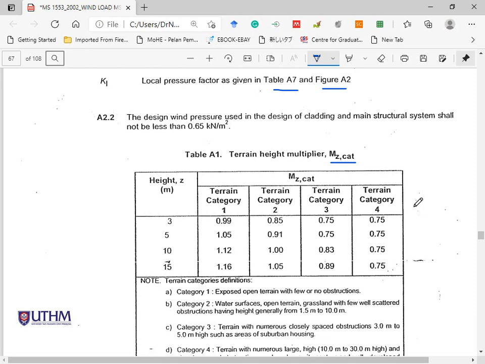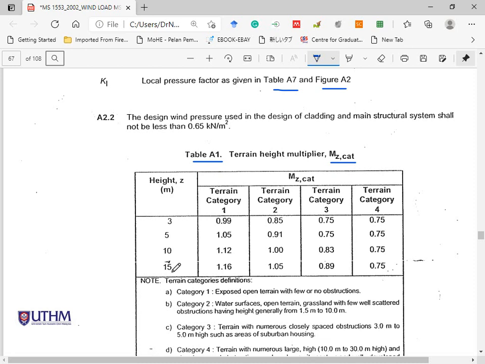For the analytical procedure method there is also an MZcat value, but it refers to another table. So this A1 is used only for the simplified method and depends on the height of the building.